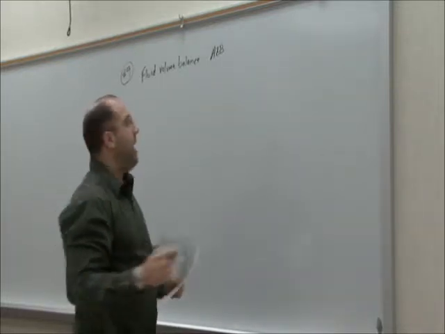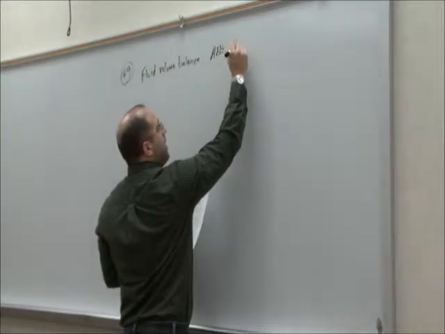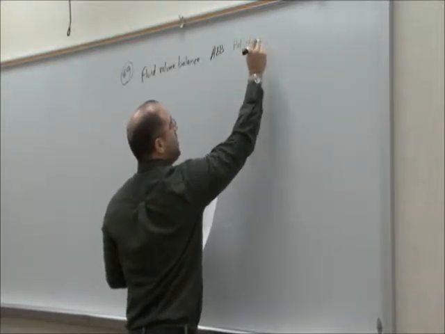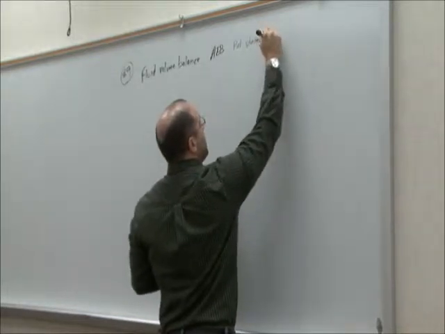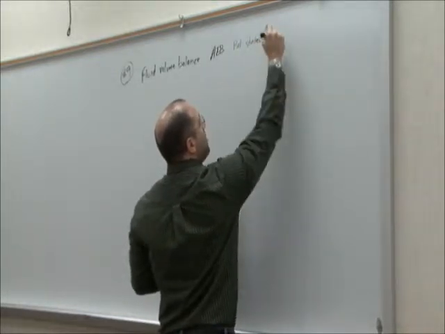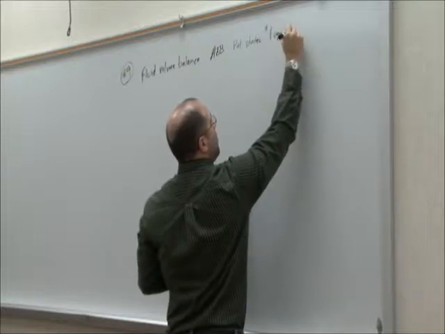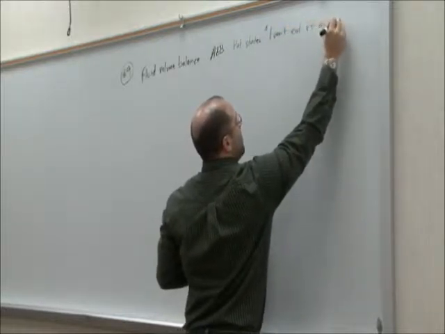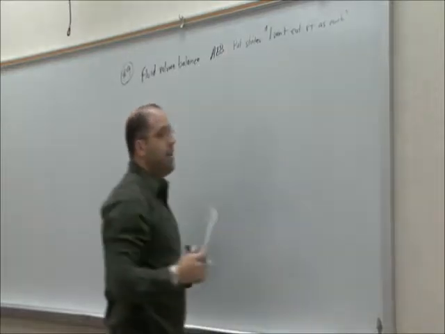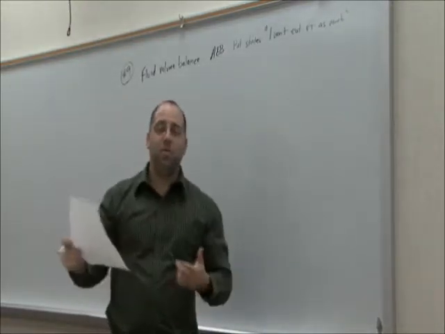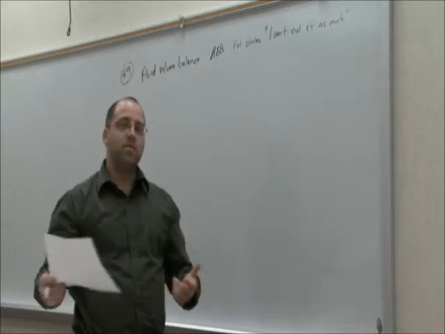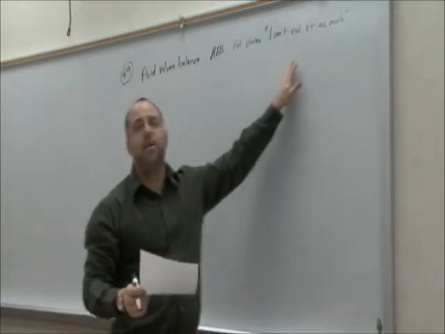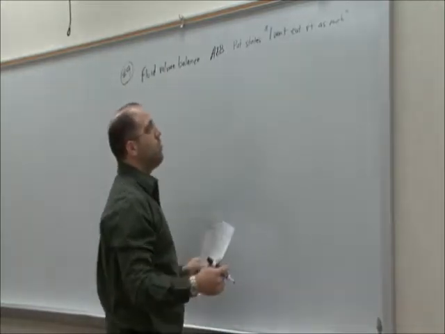So maybe we have, as evidenced by, patient states, I won't eat fast food as much. Okay? Now we would like them to say, I won't eat fast food, because we know what's in it. It's not good for somebody with these conditions, but I won't eat fast food as much. That's number 1.